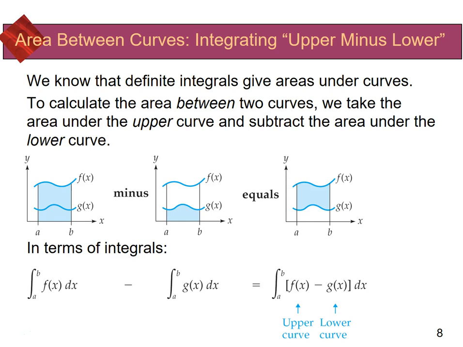To do that accurately, you have to pay attention to whether they intersect, because sometimes they're going to say, okay, find the area between the curves between these two values. If those curves intersect, then whichever curve was on top is now going to be on the bottom after the intersection point, and vice versa. So any intersection points can certainly complicate it.